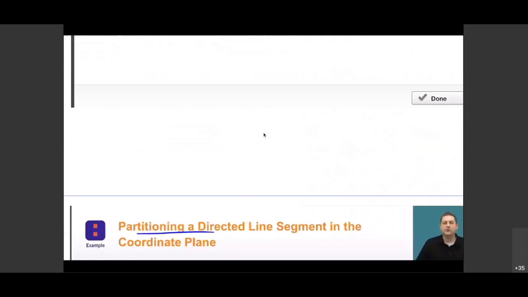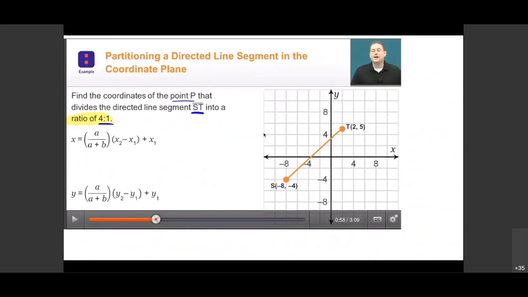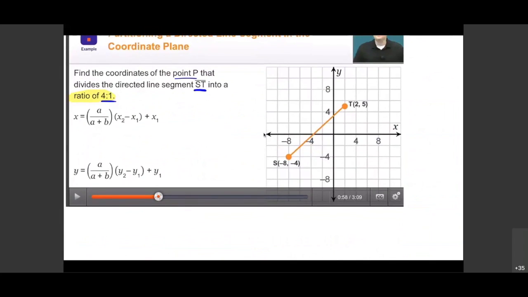So I'm going to do two problems right now. There are a lot of slides, but that's just because I took a picture of every step they were doing. So we're going to do this example all in this slide, and I'm going to be finding the X and the Y coordinate. We're going to find the point that divides the directed line segment ST into a ratio of 4:1.